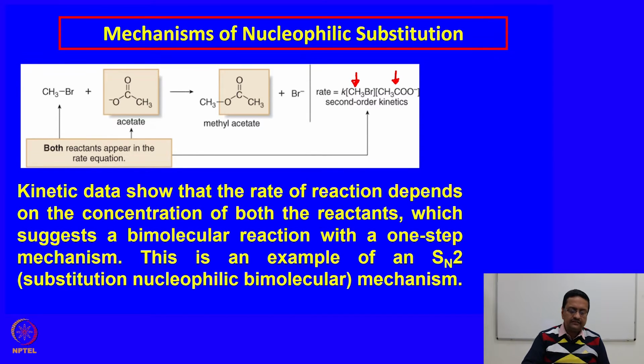So, the kinetic data show that the rate of reaction depends on the concentration of both the reactants, which suggests a bimolecular reaction with a one step mechanism, and this is an example of the SN2 mechanism, which means substitution, nucleophilic, bimolecular. So, this is S, nucleophilic N, and 2 means it is a bimolecular process.